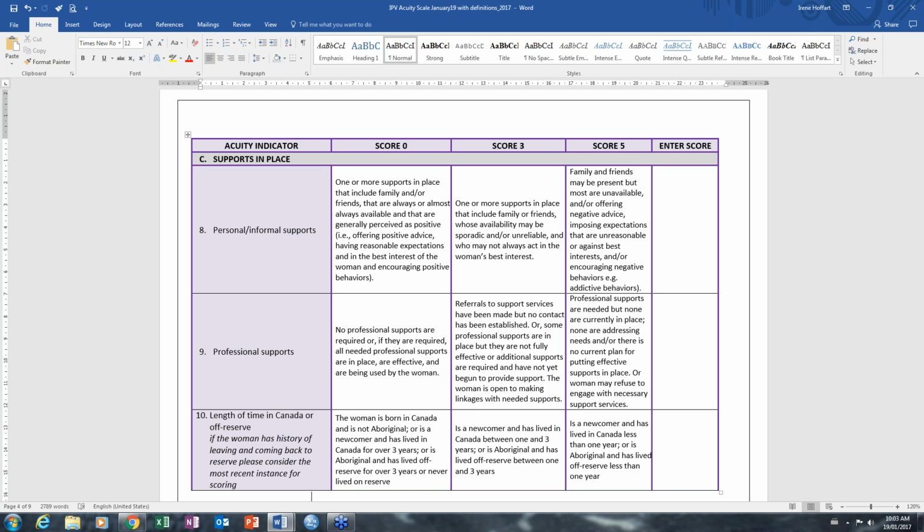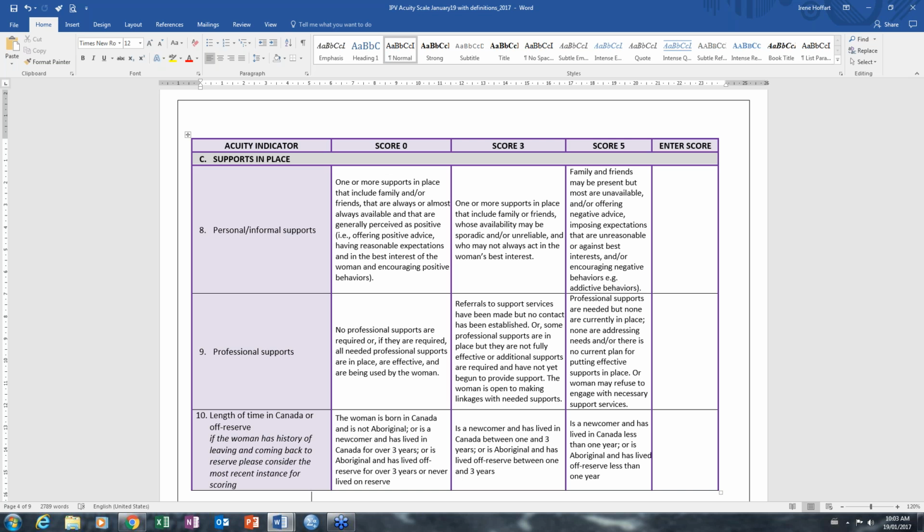And now the score of 3 is in the middle of that. Maybe the referrals have been made, but no contacts have been established. Or maybe professional supports are in place, but they're not fully effective. Or maybe additional supports are required and they haven't begun to provide support. And the woman would probably be open to making linkages with those supports.